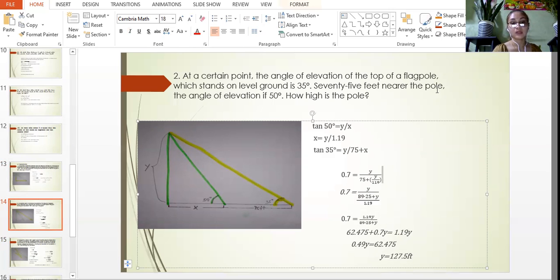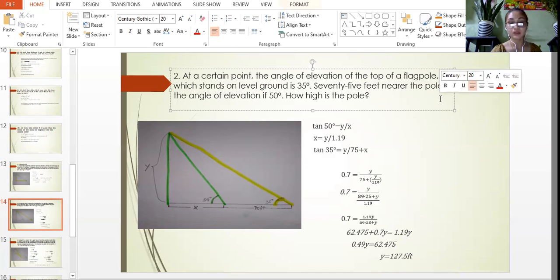So the height of the pole is equal to 127.5 feet.